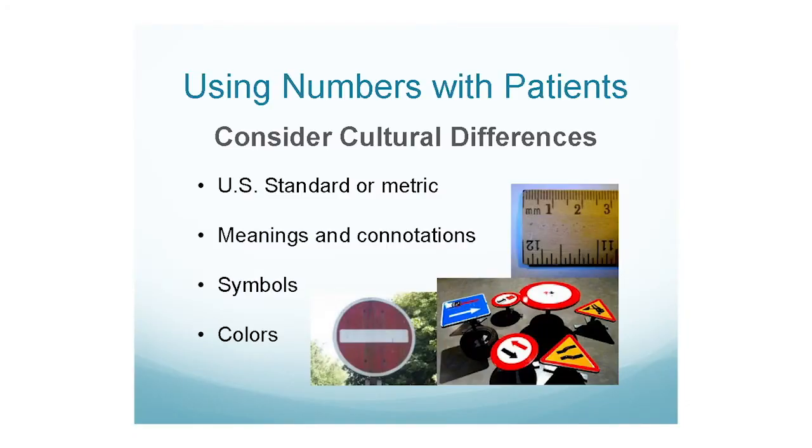Even okay can be offensive in some other cultures. It does not mean okay. Red is, in some, can be really, we say it's stop, but it might have different meanings in a different culture. And also metric and the standard system. So make sure that with the meanings and the connotations, there's an understanding of the numbers there.